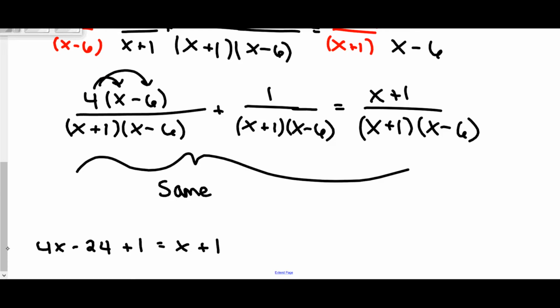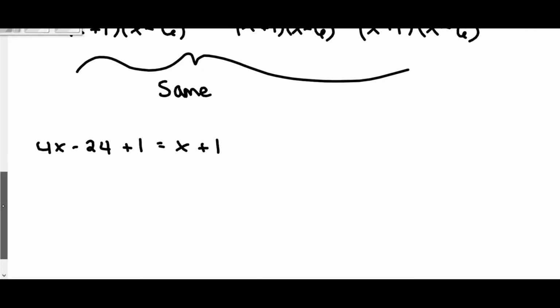So all I did was distribute my 4 to my x and to my negative 6, and I rewrote it without the denominators. And now we're just going to solve this like a regular linear equation. So I'm going to combine like terms. 4x minus 24 plus 1 is minus 23 equals x plus 1.